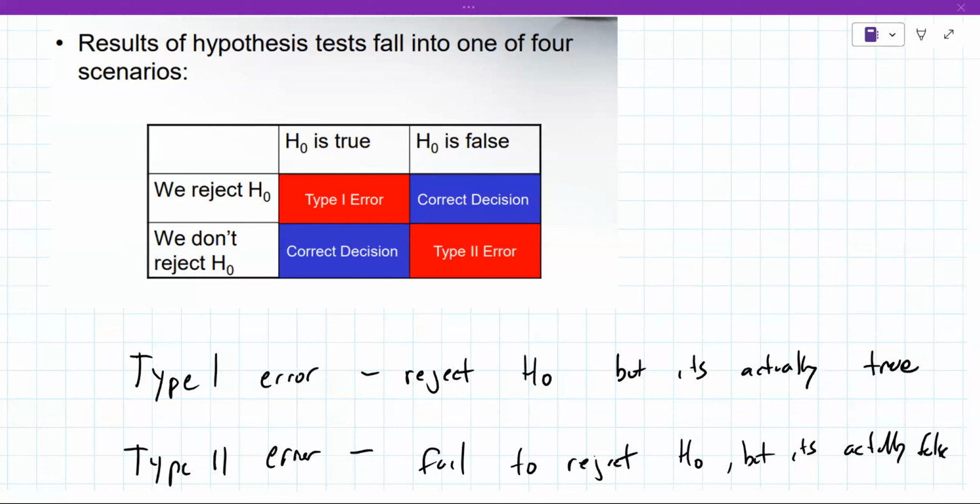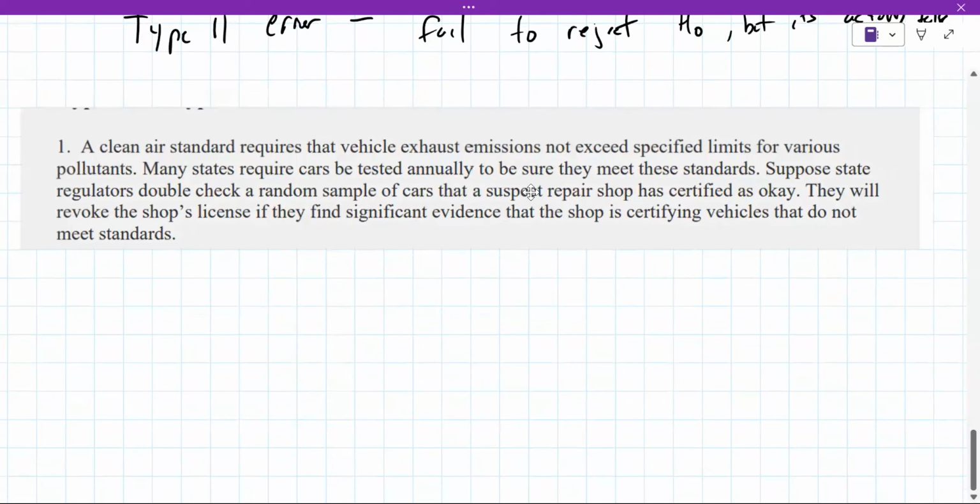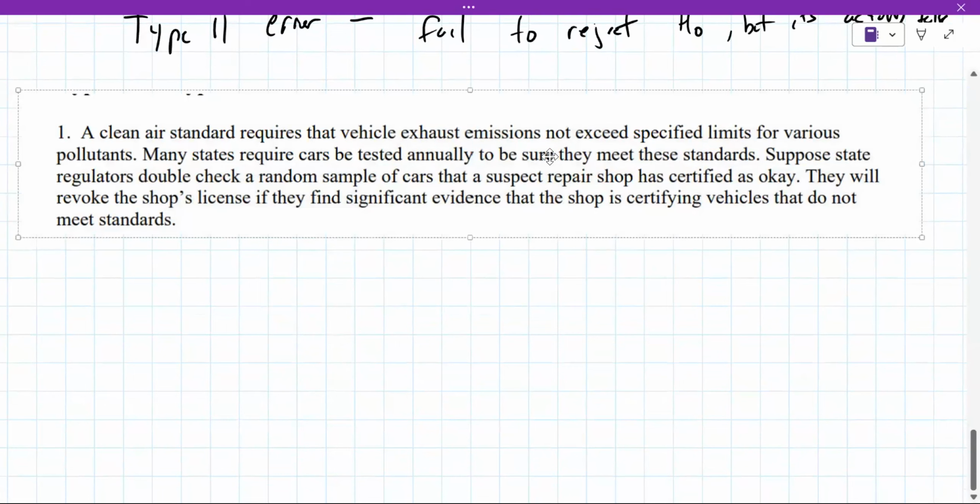Wow, I just can't find what I'm looking for, which is where they give you a scenario and then you have to decide if what they're saying is a type 1 or type 2 error. But let me just grab one here. I apologize, I know the font's maybe not super big to read, but here we go. All right, a clean air standard requires that vehicle exhaust emissions not exceed specified limits for various pollutants.